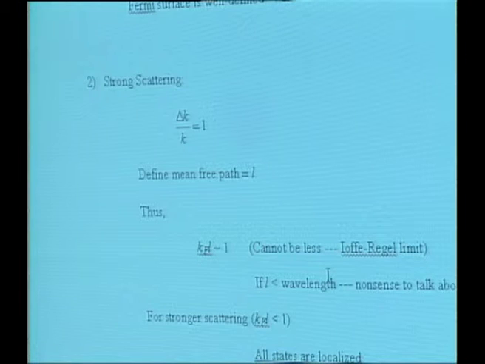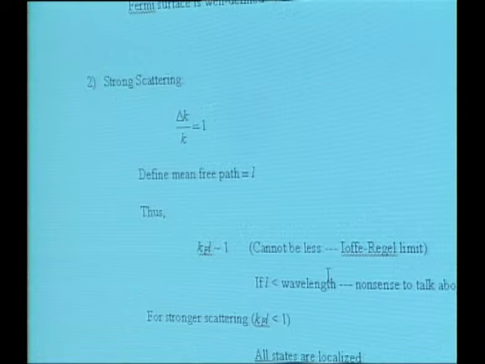Suppose, however, you have stronger scattering. So suppose the uncertainty in K becomes comparable to its magnitude, then it's very easy to write this down. That means that in the same analogy that I made there, the Fermi momentum, K_F, times the mean free path is approximately 1.